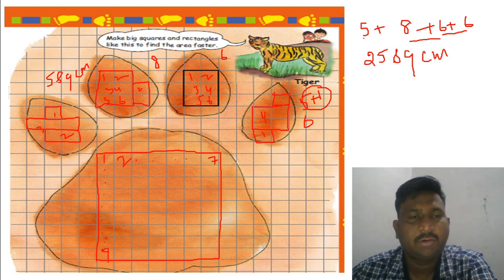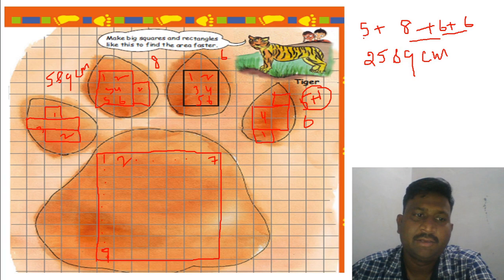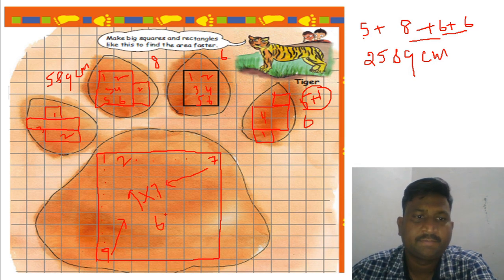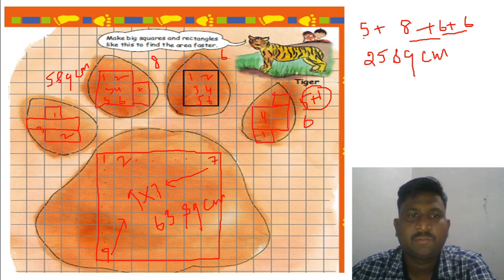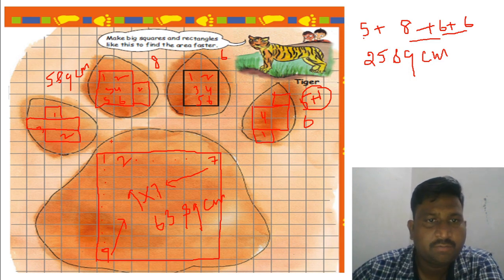In the first video I told you how to count the squares. So 9 into 7, 63 square centimeter.